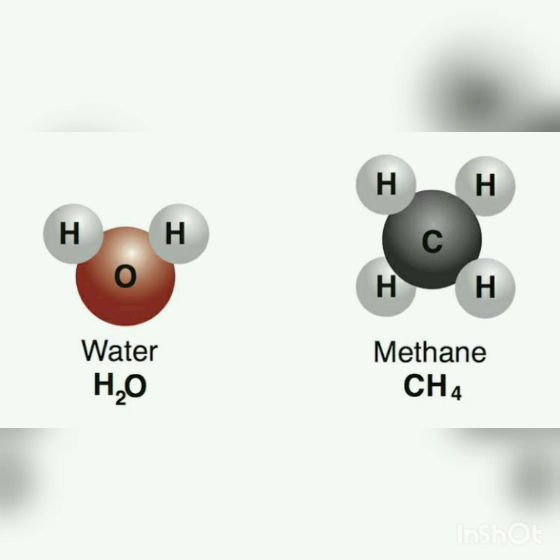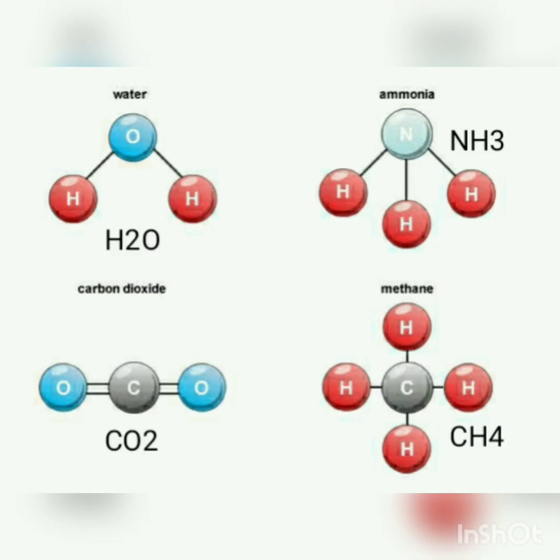A few more examples are a molecule of carbon dioxide, in which two atoms of oxygen are bonded to one atom of carbon, and a molecule of ammonia, in which three atoms of hydrogen are bonded to one atom of nitrogen, and many more examples.